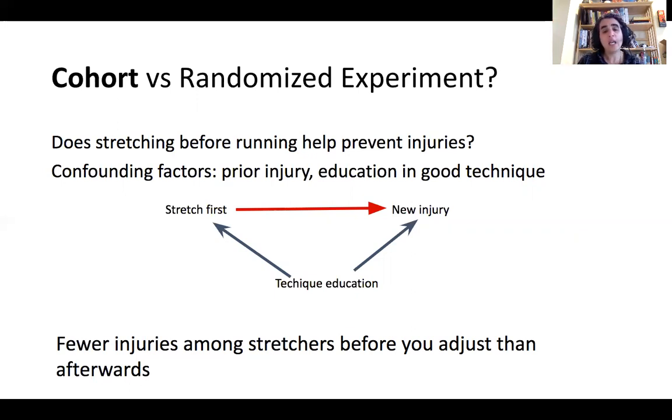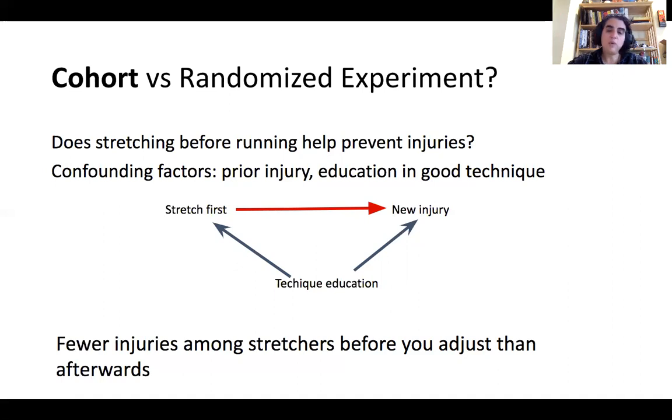So that technique education would make it look like stretching was associated with fewer injuries, where again, actually it could be this confounding factor. And when you correct for it, you would then see less of a protective effect for stretching. So as we see, confounding factors can adjust our association in a lot of different ways.